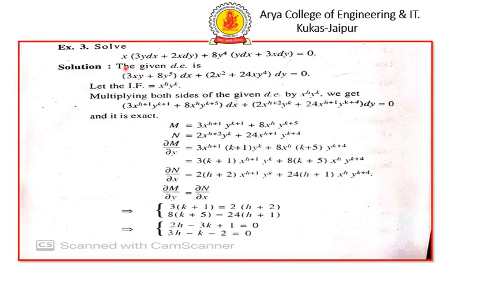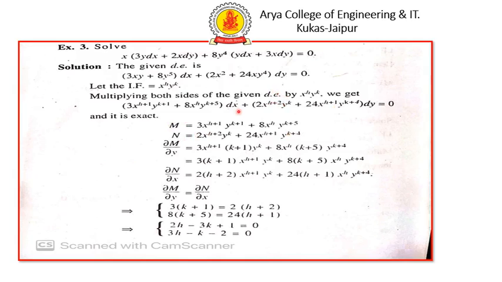Next question. Again, the given differential equation is of first order and first degree. First, we rearrange the terms in the form of M dx plus N dy equals 0. Let the integrating factor be x to the power h y to the power k. Multiply the equation by x to the power h y to the power k.